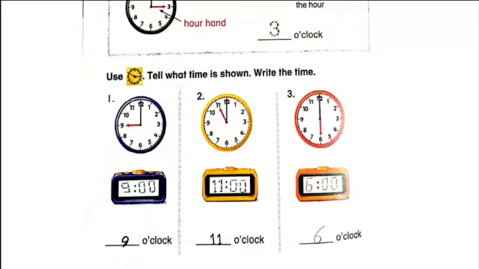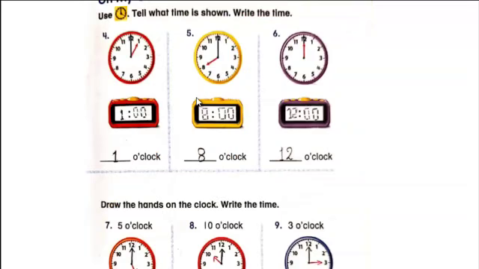Okay, my dear students, on the next page, number 595, example number 5, the hour hand points to 8. So on a digital clock, on the left side, you write the hour.